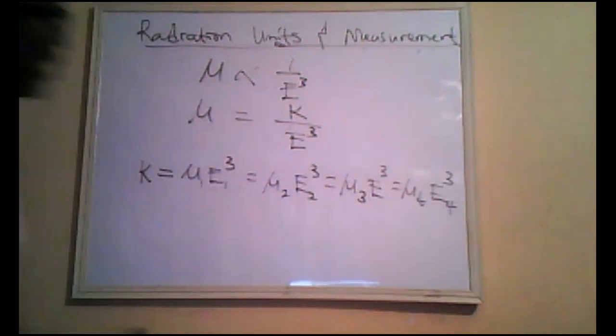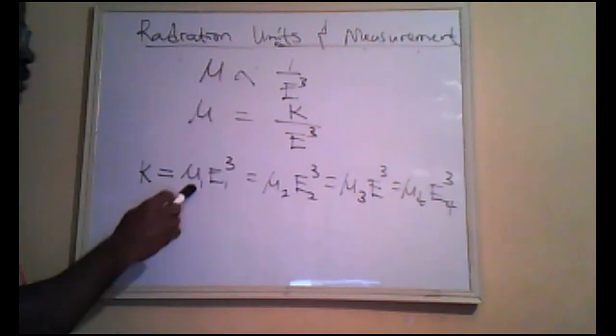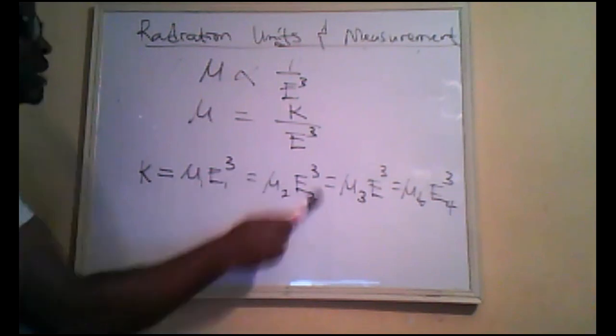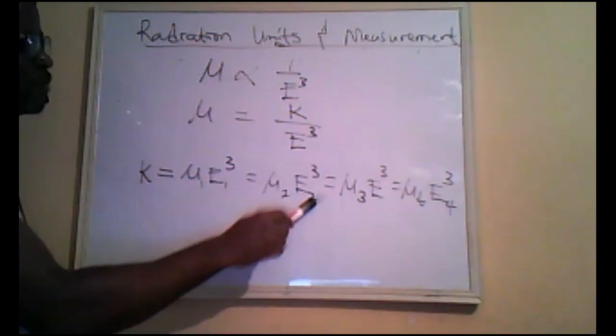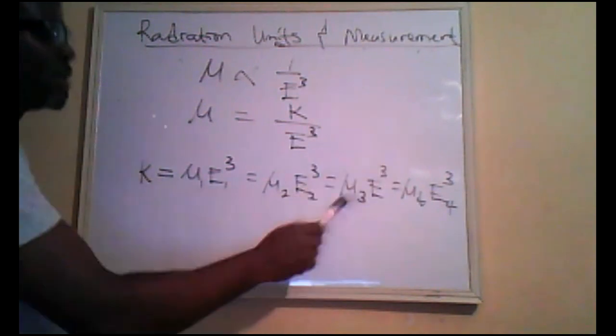So at a particular energy you have the corresponding mass attenuation coefficient, and when you change the energy to another value, you get another value.